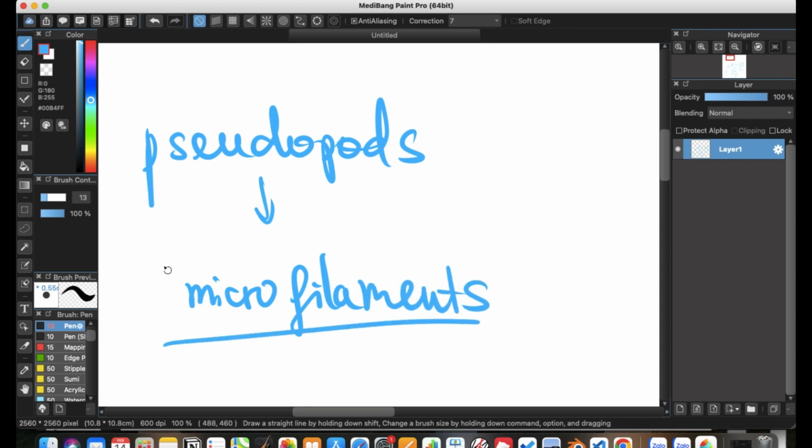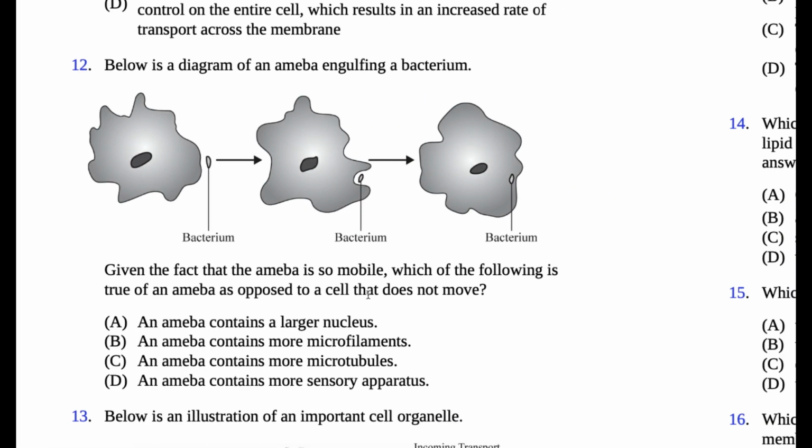So this is the guy that we're going to pay attention to. Which of the following is true of an amoeba as opposed to a cell that does not move?